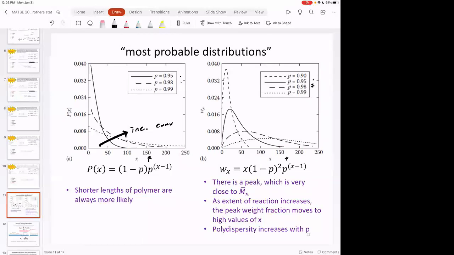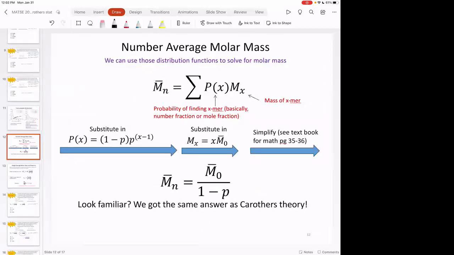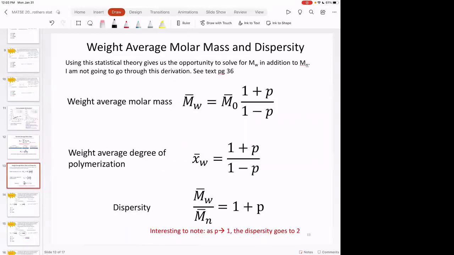My molecular weight distribution changes, because these are in essence molecular weight distributions: the amount of something on the y-axis times the x-axis, which is degree of polymerization. You don't need to worry about this too much, but we can express MW and MN as a function of P for step growth.